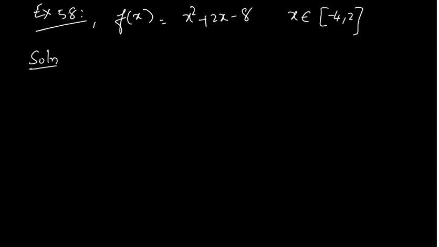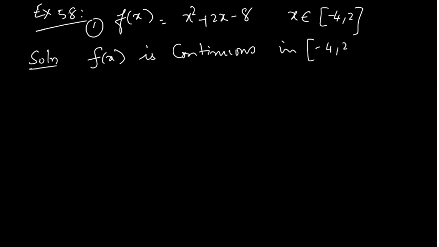So we have to state f of x is continuous in -4 to 2 because it is a polynomial function.